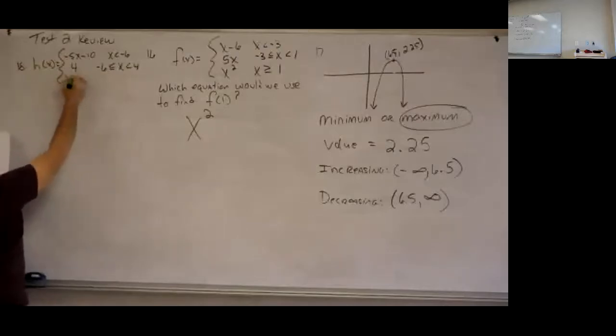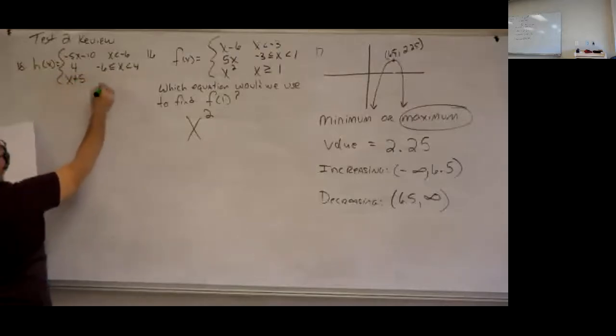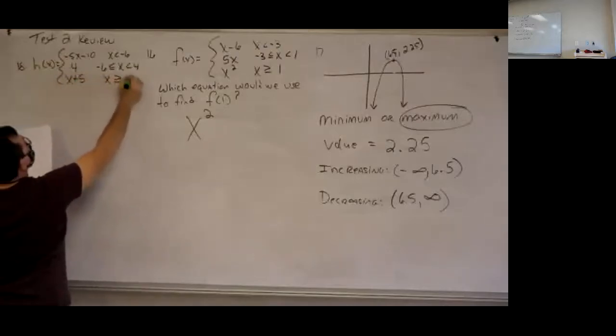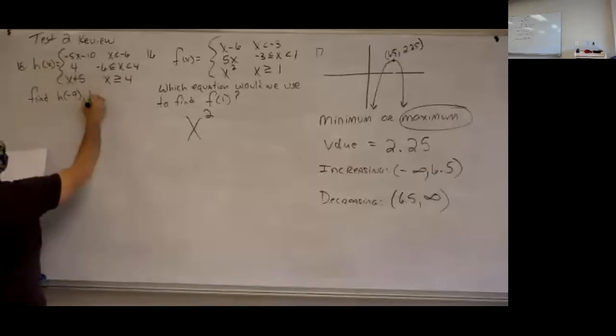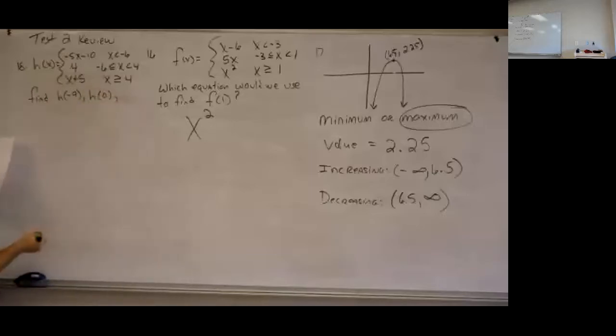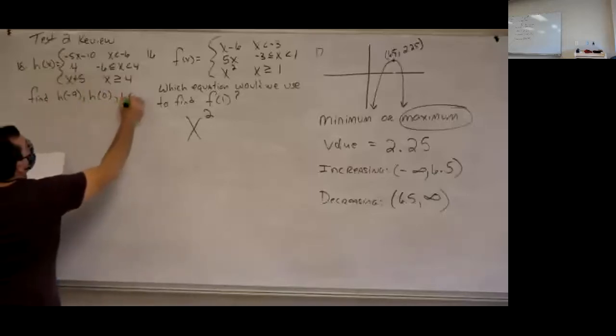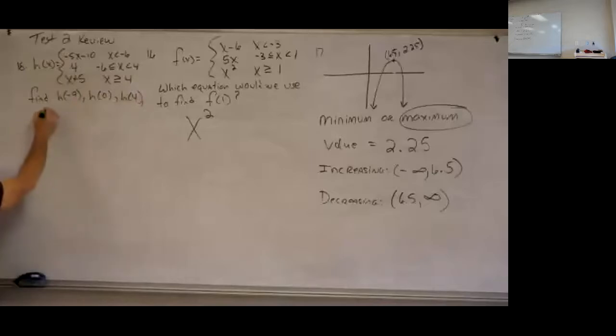And then it equals x plus 5 for any x that is greater than or equal to 4. They want me to find h of negative 9, h of 0, h of 4, and h of 6. So that's basically 4 problems.